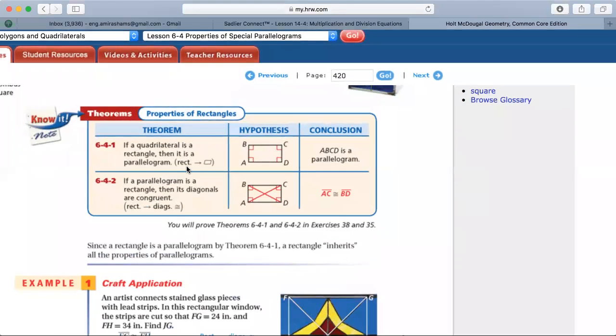The rectangle is a parallelogram because it has all the properties of the parallelogram, and one more property, that all the angles of it are 90 degrees. Again, if a quadrilateral is a rectangle, then it is a parallelogram. So the rectangle is a parallelogram.